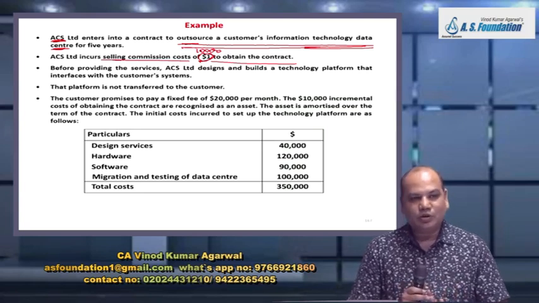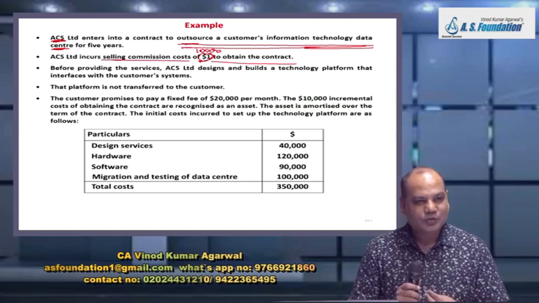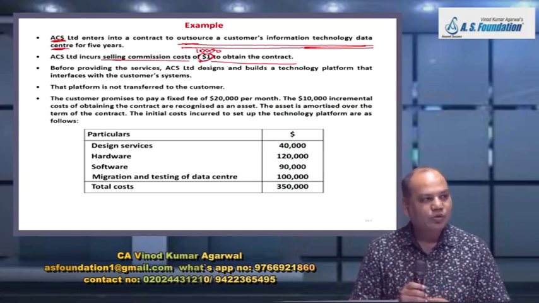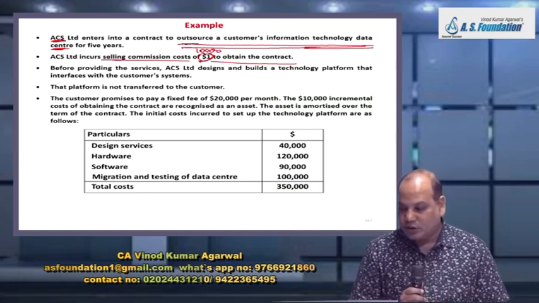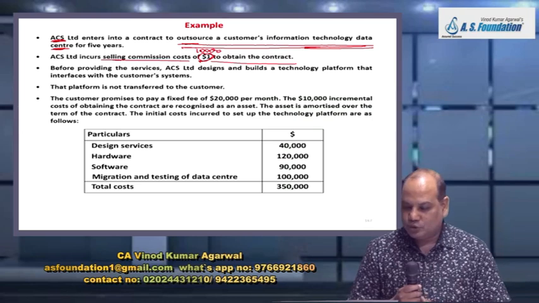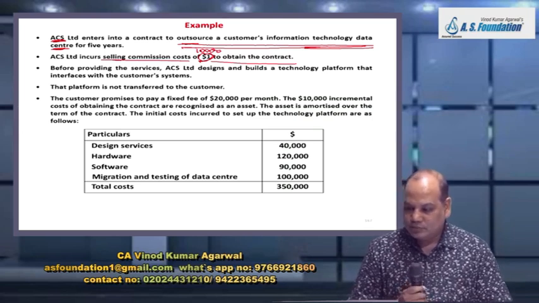So incremental cost, recovery of which is probable, will be amortized. Before providing the services, ACS Limited designs and builds a technology platform. So now they are incurring other cost to fulfill their obligation that interfaces with the customer system.